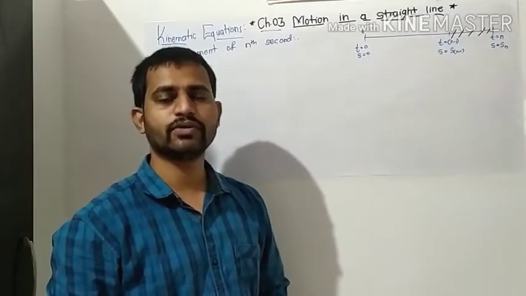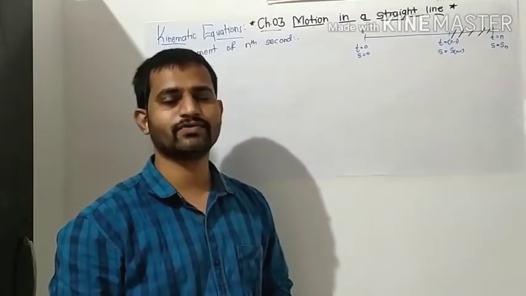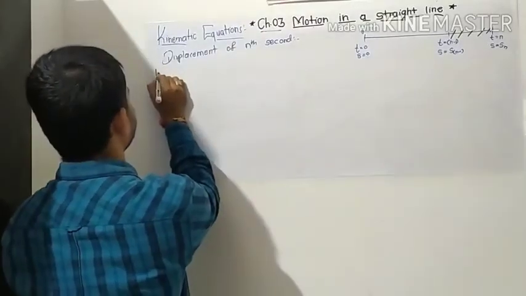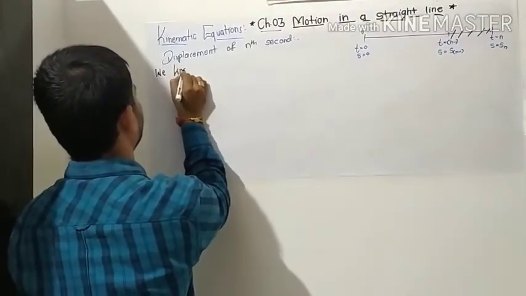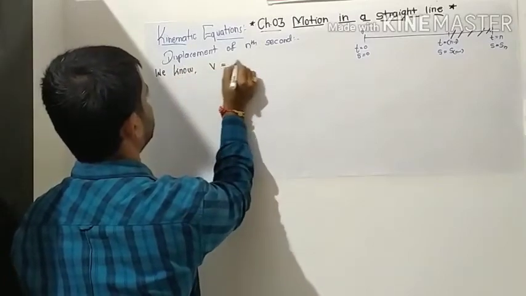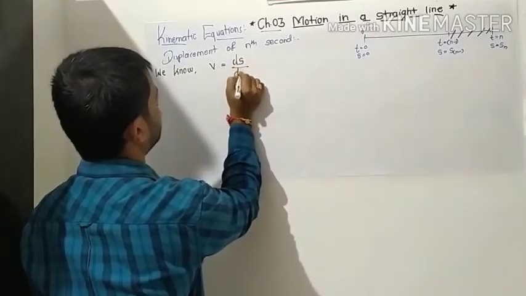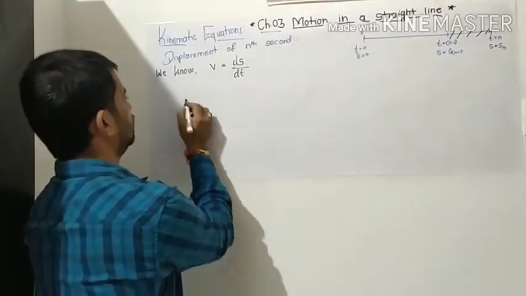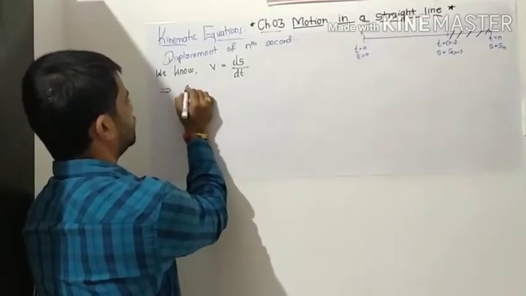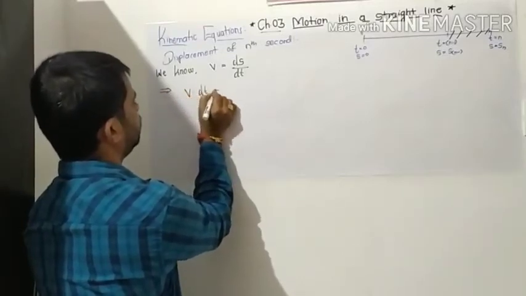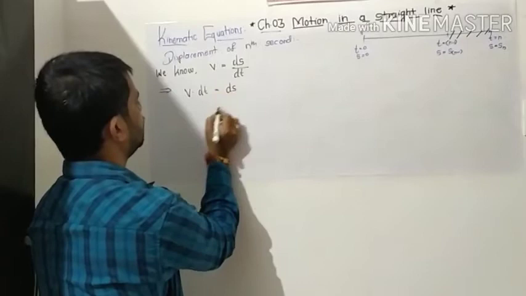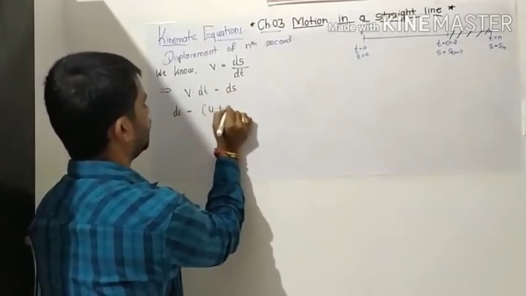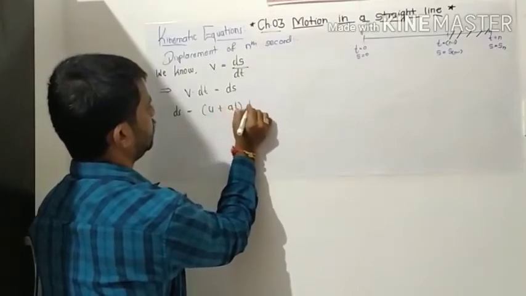We know the quantity of the velocity, that is v is equal to ds by dt. Then we can write v into dt is equal to ds, or we can write ds is equal to u plus at into dt.